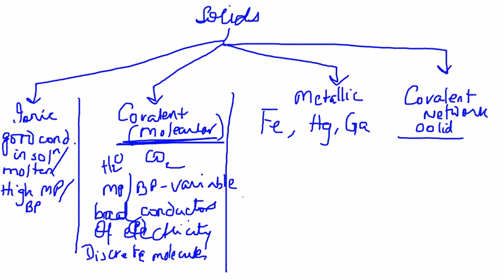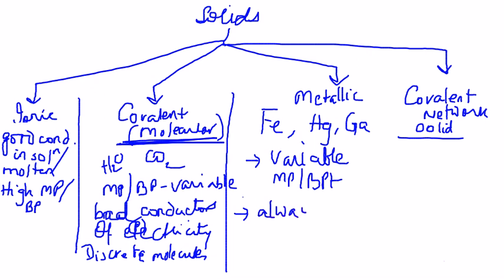If you place it on your palm, your body heat is enough energy to convert solid gallium to liquid gallium. So again, the forces of interaction here are going to be variable, so the melting point and the boiling point are going to be variable as well. But being metallic, they will always conduct electricity.